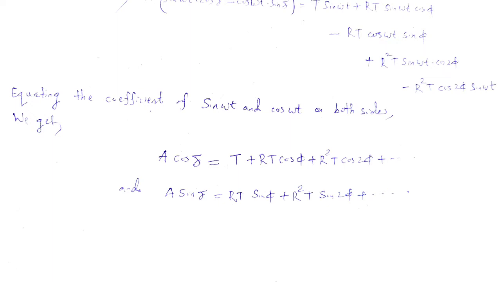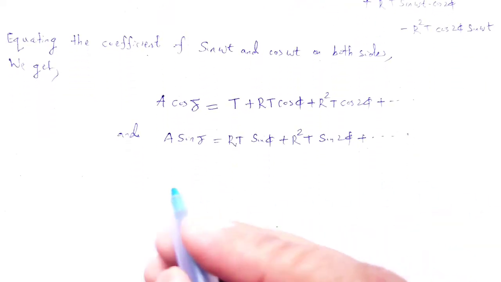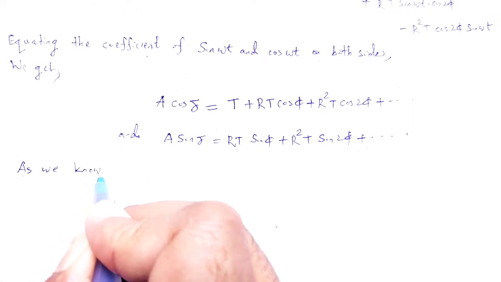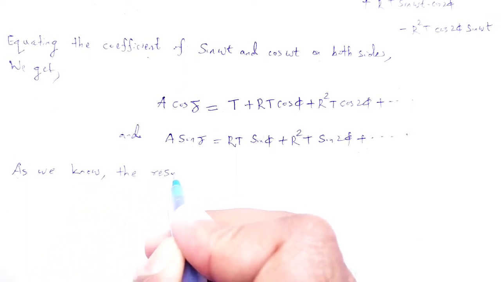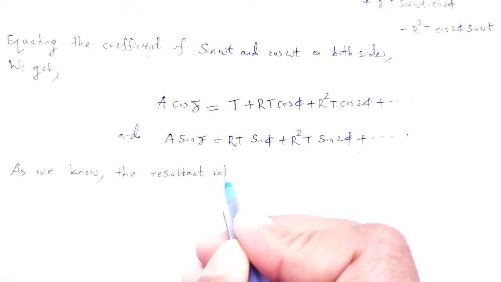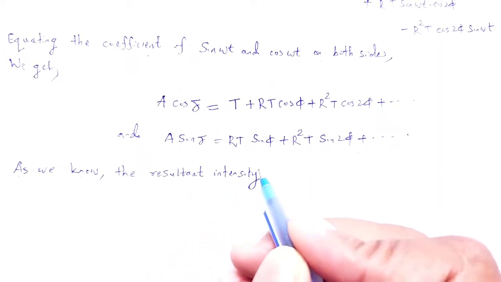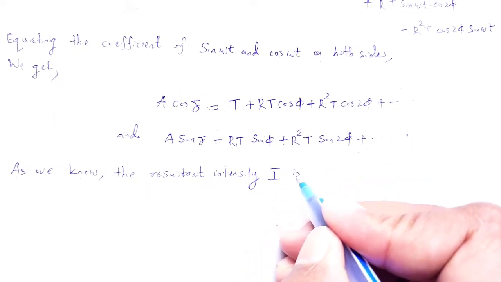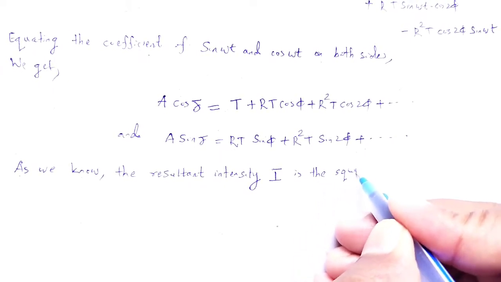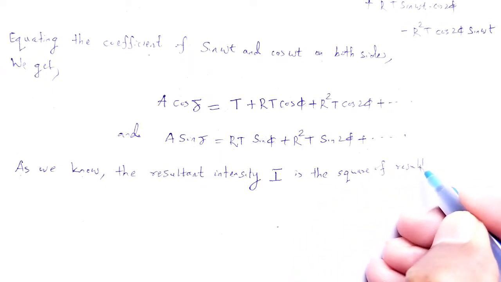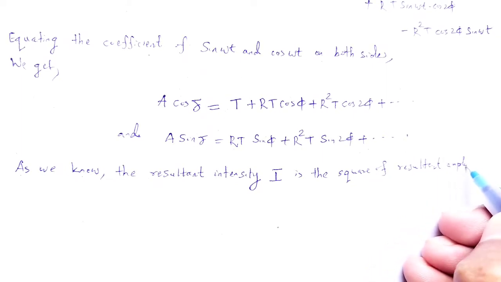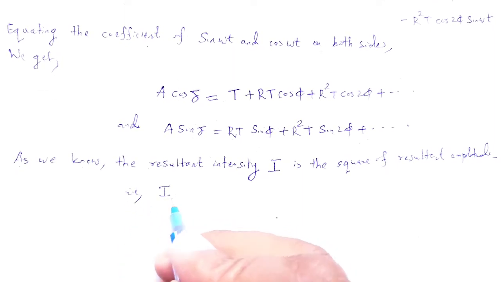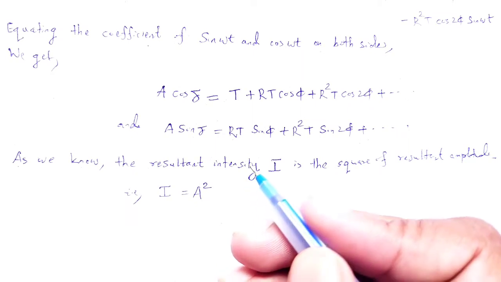As we know, the resultant intensity I is the square of the resultant amplitude. I is equal to A square.